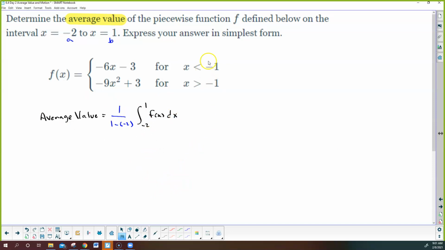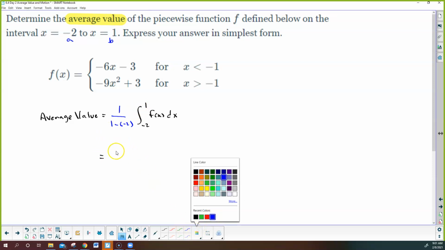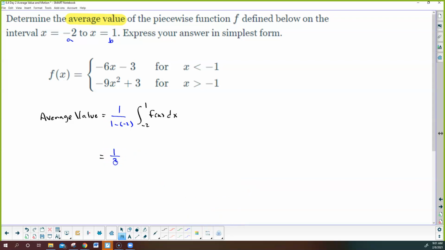However, we have a small problem here. Now we could graph this if we wanted to, but we know that this area is split up at anything less than -1 and anything greater than -1. So we actually have to use our properties of integrals here to help set this up. Okay, so I'm going to deal with this part first. Subtraction of a negative is a positive, so that's 1/3.